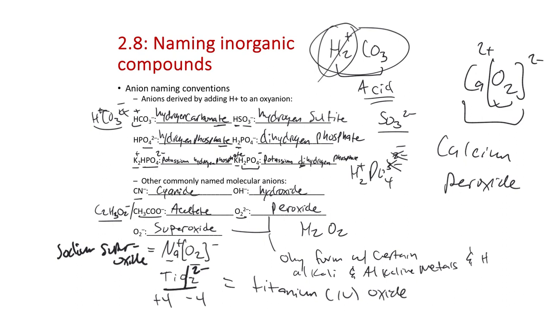And if you see a compound where you don't know the charge of the metal, then it has to be oxide. If you're looking at a compound like FeO2, I don't think this exists, but you're not thinking peroxide or superoxide, you're just thinking, I don't know the charge of iron, so this has to be an oxide with minus 4, so that's iron(IV) oxide, just like the titanium example.